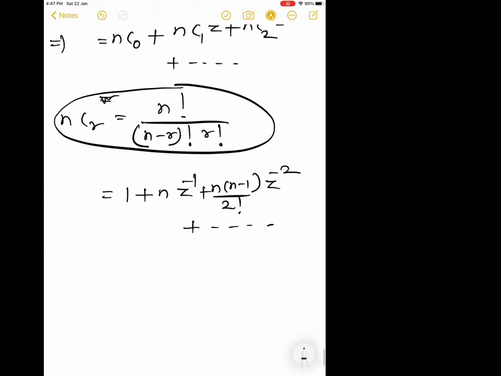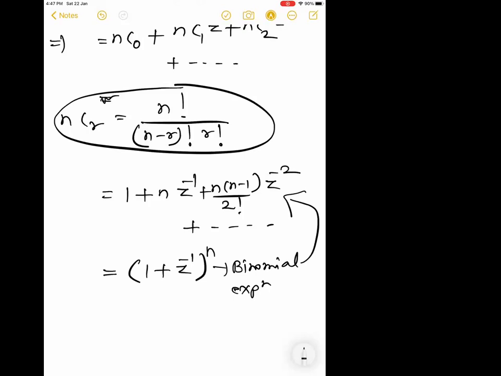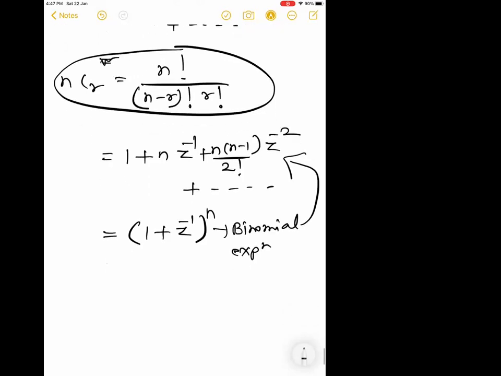This is the standard binomial expansion of 1 plus z raised to minus 1 raised to n, and that is always convergent for mod z greater than 0.